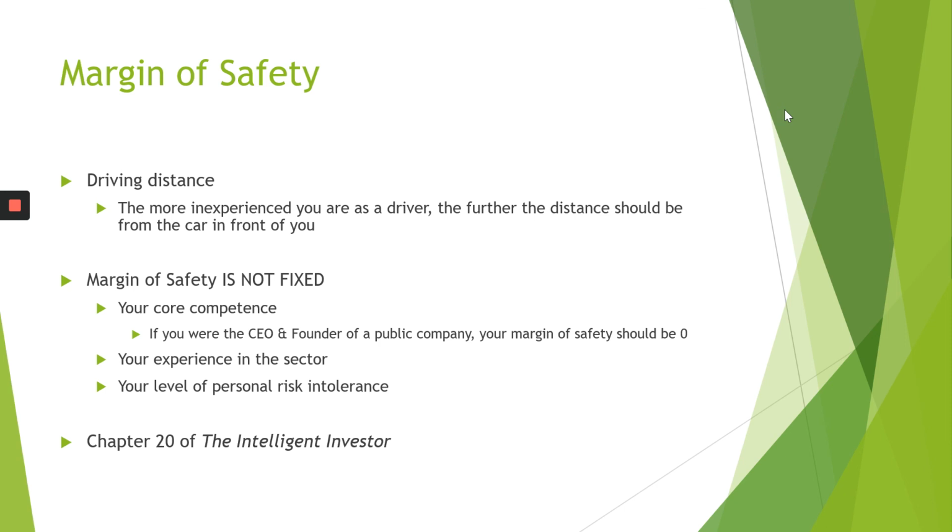Because if you can really understand and internalize that concept, then you're going to be ahead of 95% of retail investors. So yeah, if you're interested in the theory, chapter 20 of The Intelligent Investor. But now we're going to go on to the actual how-to of valuing businesses.